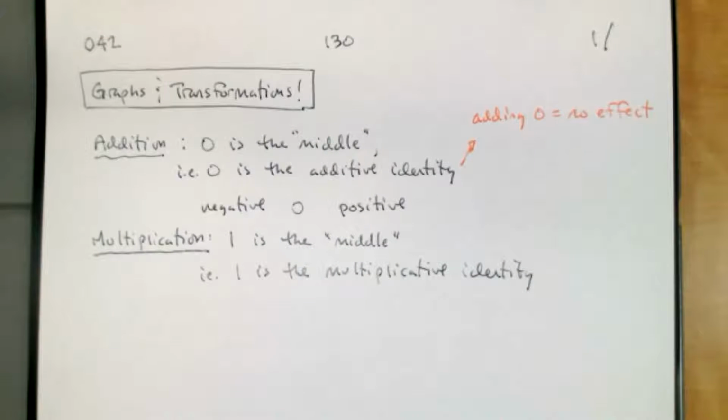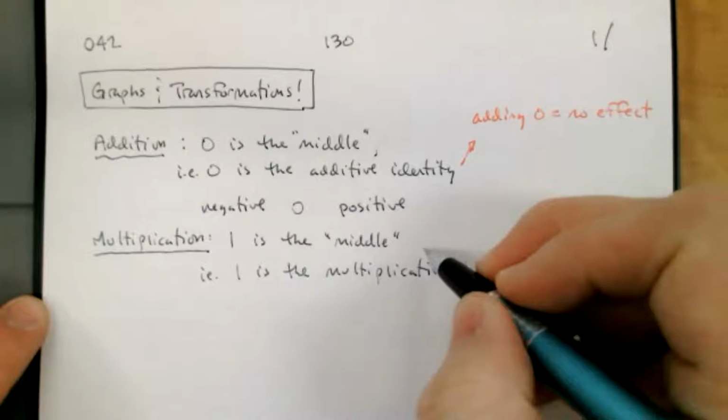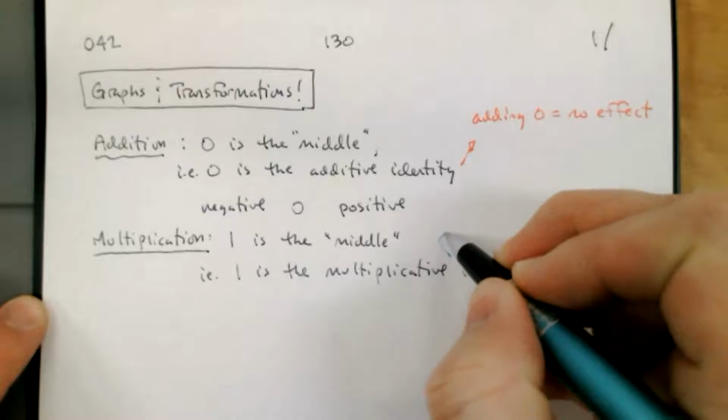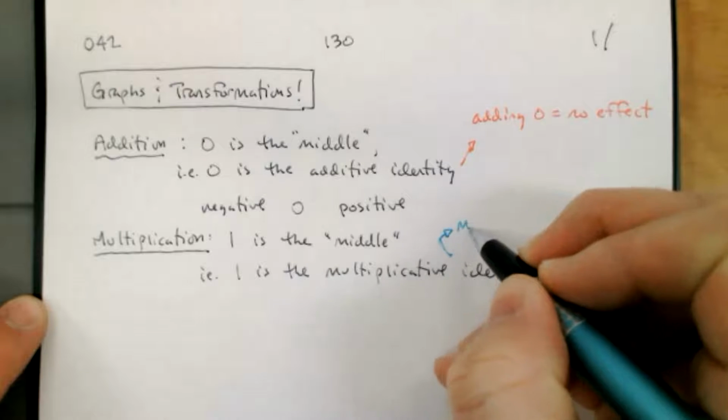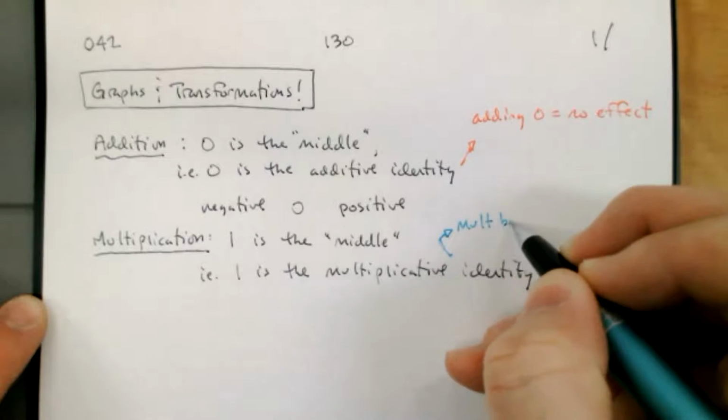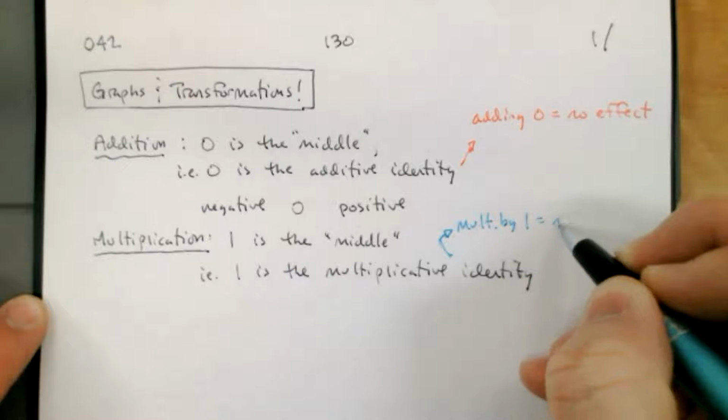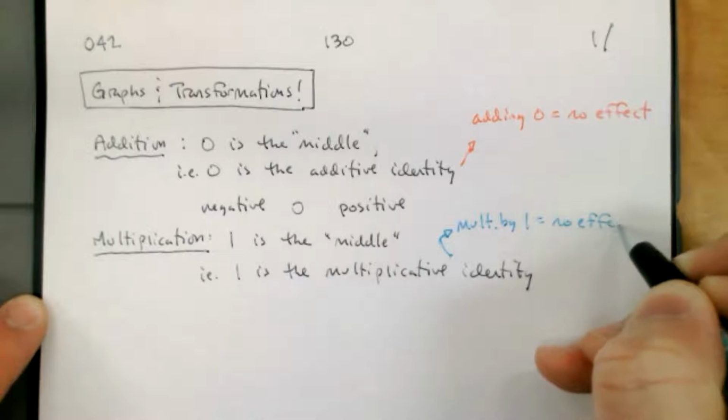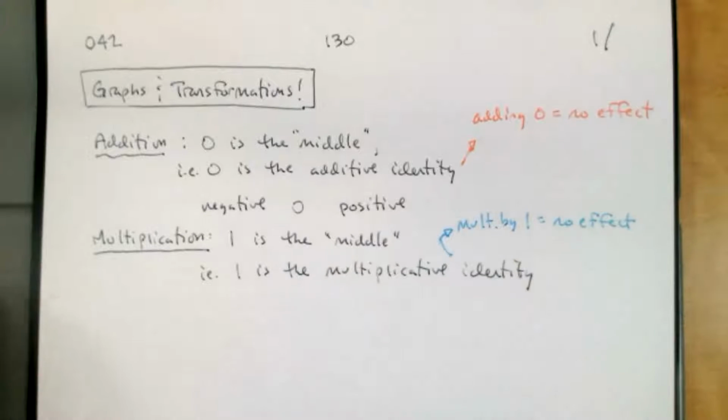Identity elements mean nothing happens under the operation. If the operation is multiplication, nothing happens when we multiply by 1. We multiply by 1, we get no effect.